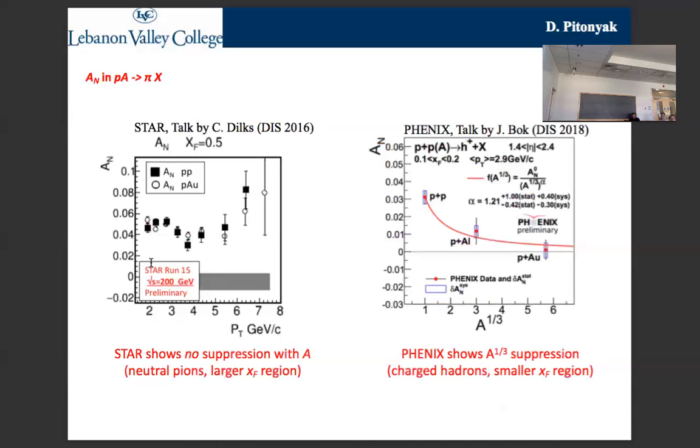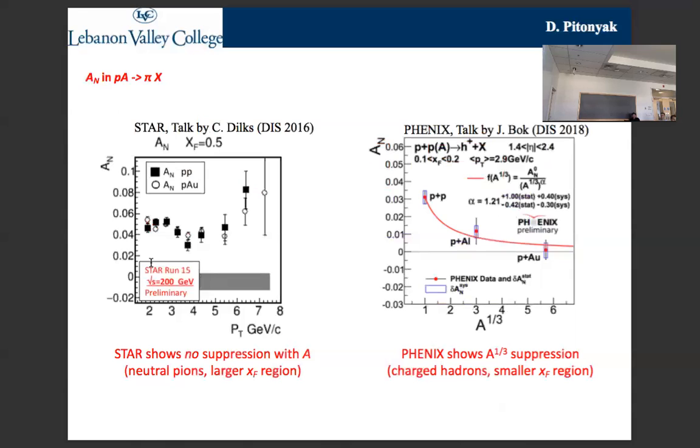Does the underlying subprocess change versus rapidity? Because the STAR data is of course between 2.8 and 4, so it is a significantly different rapidity. Okay, I don't want to get hung up on the PA stuff, and we have to think about it more.